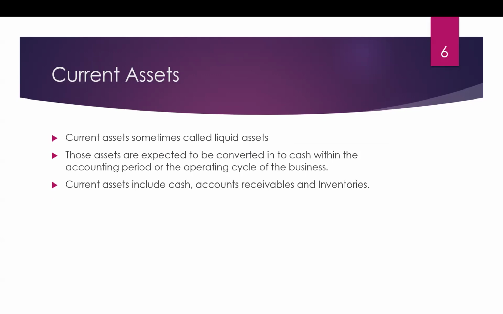And the current assets are also there. So that is the opposite of the fixed assets. So if you are having a lifespan less than 1 year, those assets are categorized as current assets.